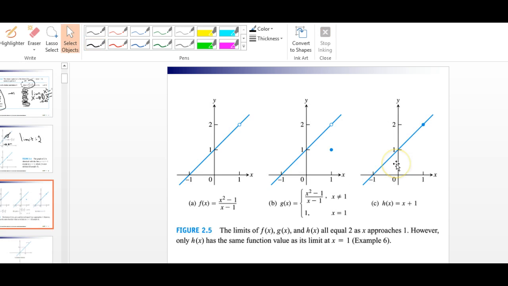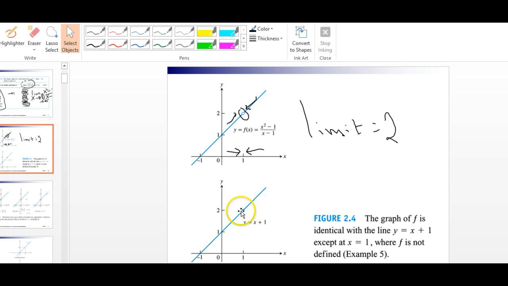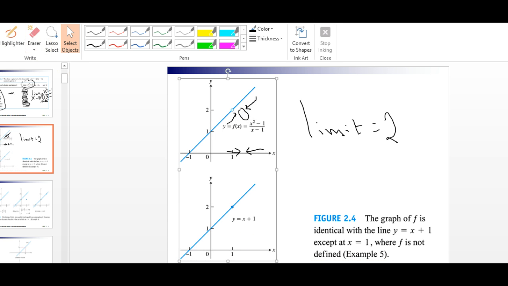Now what about this function right here? Now in this function there is no hole at 1. It's filled, but we don't really care because what happens at 1 is irrelevant. Even in this function, if we approach 1 from the left, where is it heading towards?